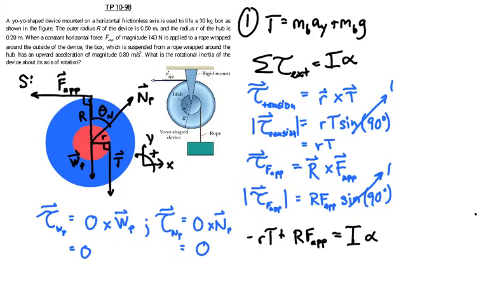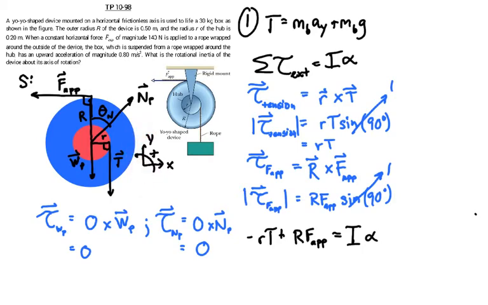So I have written in black the negative torque from our tension force added with the positive torque of our applied force. Now, the negative and the positive come from my coordinate axes.